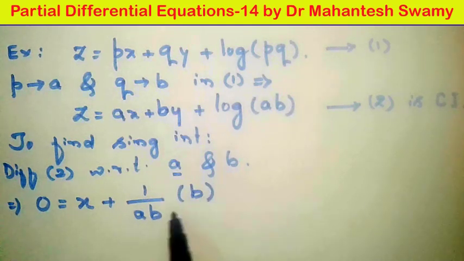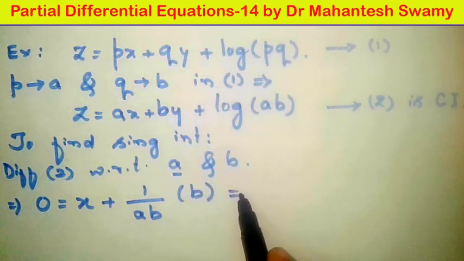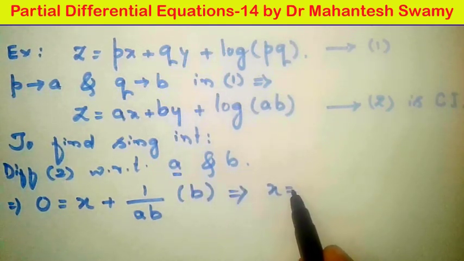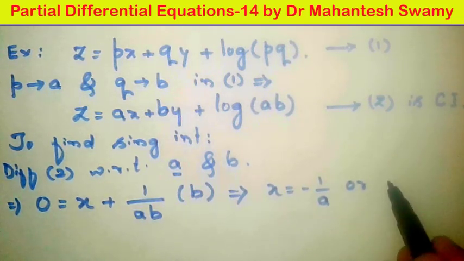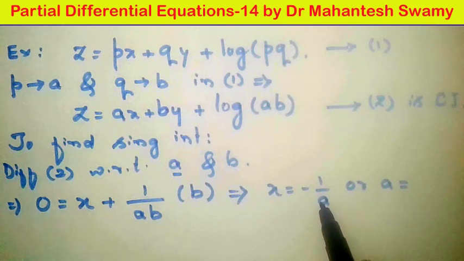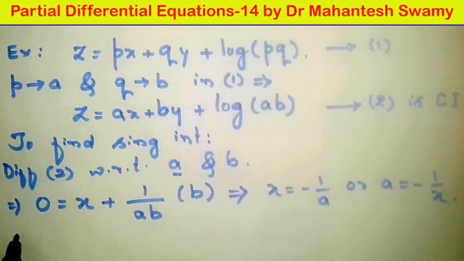Now after cancelling b and b, we get x plus 1 by a equal to 0. This implies x is equal to minus 1 by a, or a equal to, on cross multiplication, a goes to the numerator, x comes to the denominator, minus 1 by x. So we got the value of a.